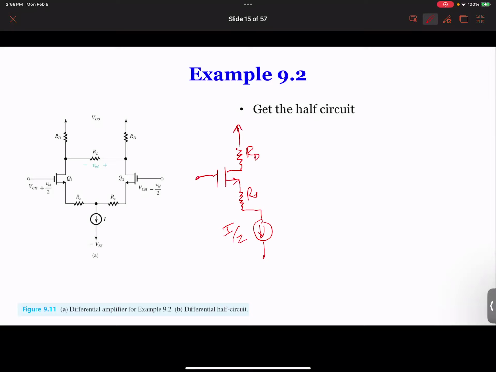The input can be common mode or differential mode, it doesn't matter. The difficult part is how much this thing is to here. So in order to get the correct answer for the half circuit, we just need to do a little bit of analysis on the original circuit.